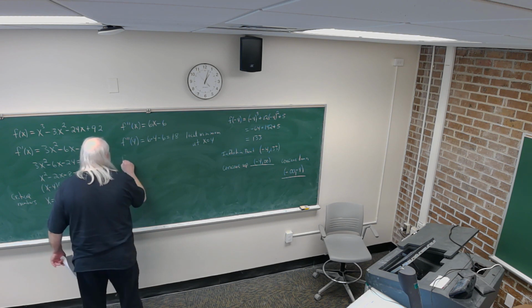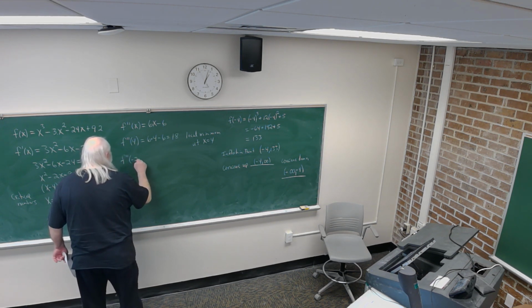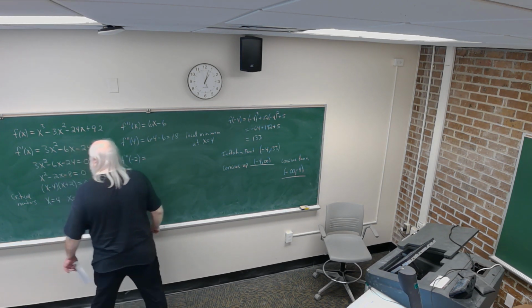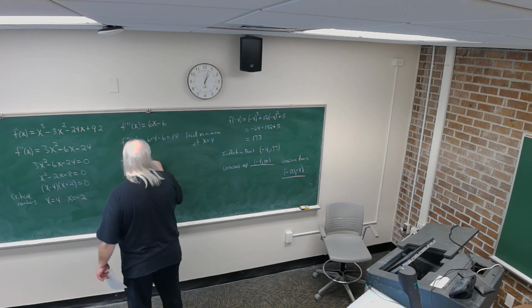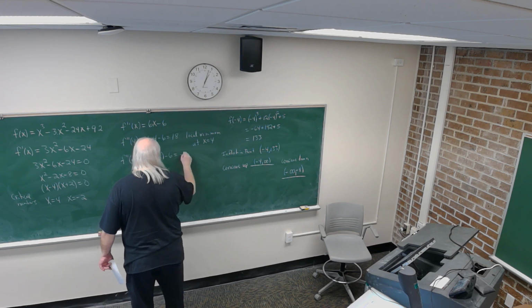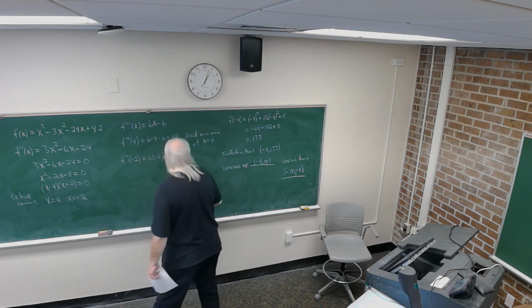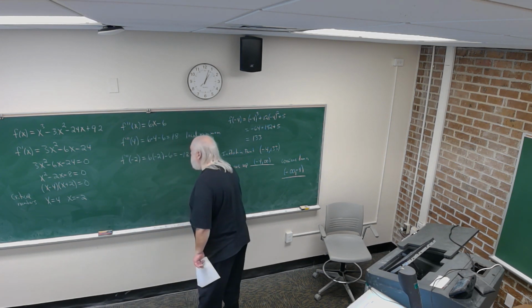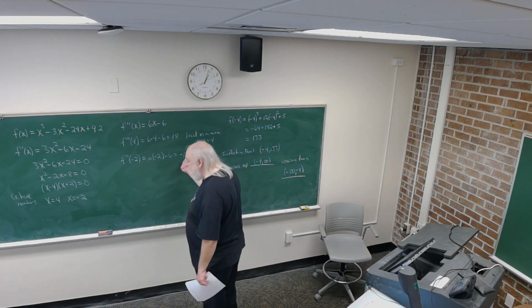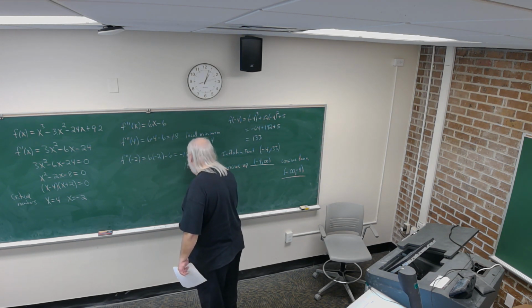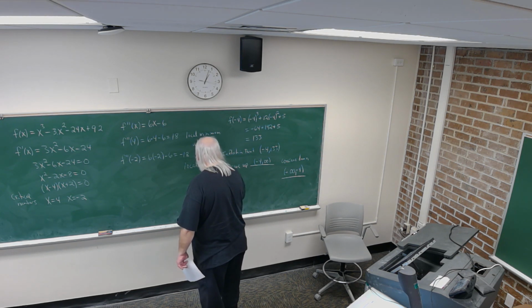Okay. At x equals minus 2, the second derivative is equal to, what, 6 times minus 2 minus 6, which is negative 18. So the second derivative is negative, so we have a local maximum at x equals minus 2.